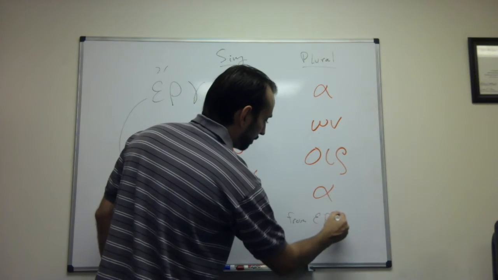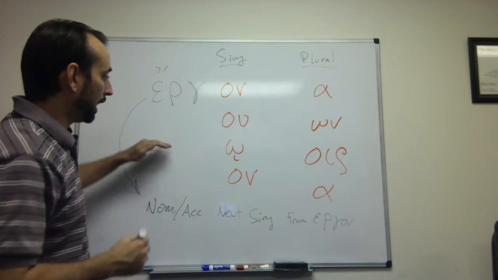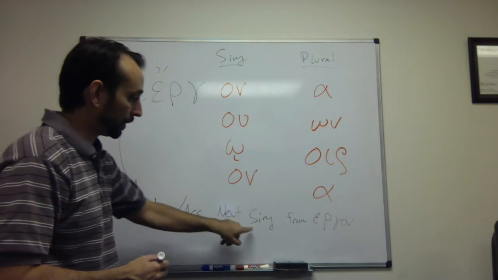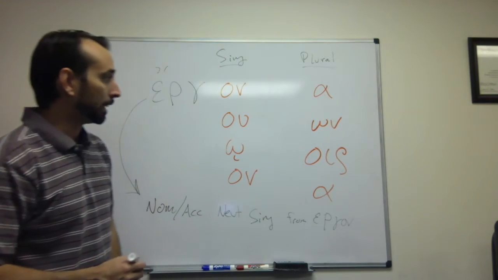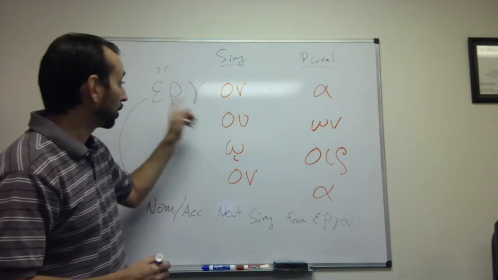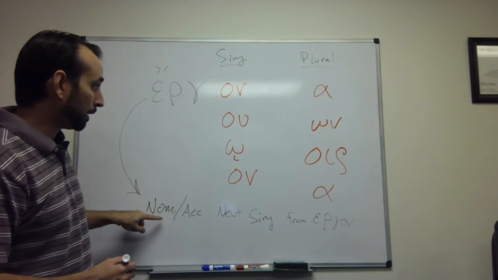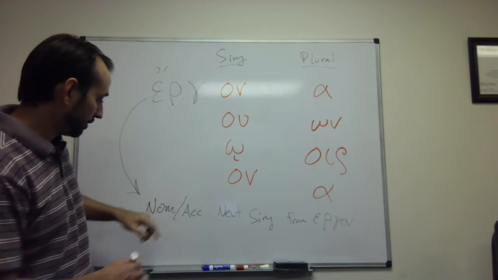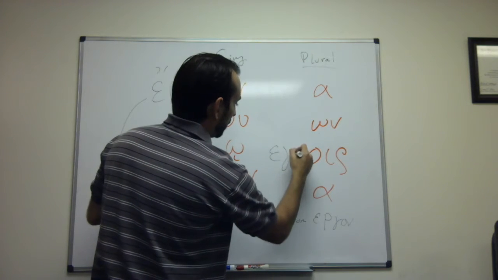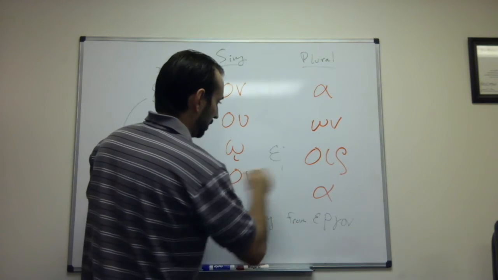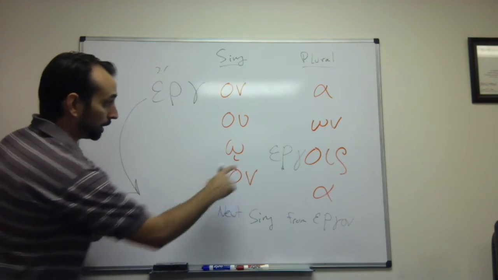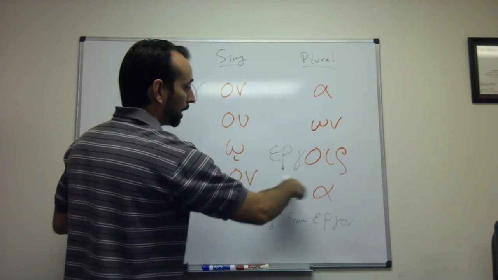Okay, so if I had ergou, let's say I had this one, it would be genitive, neuter, singular from ergon. And if I had ergois, let's say I said locate ergois, it would be dative, because I've memorized my paradigm endings here.